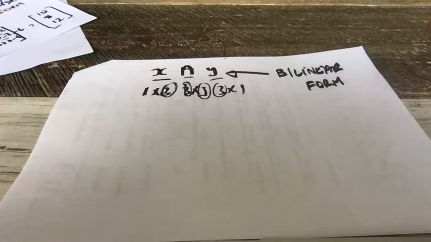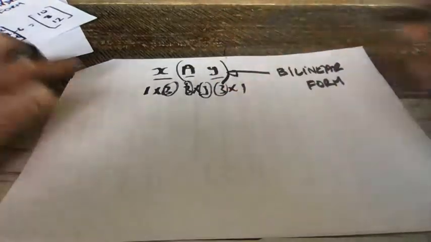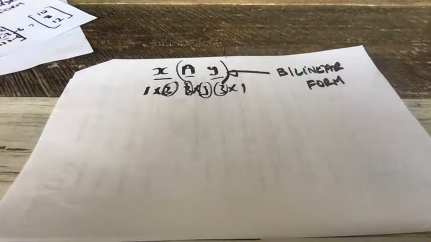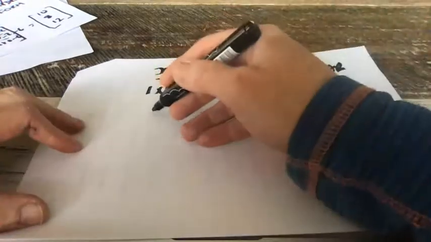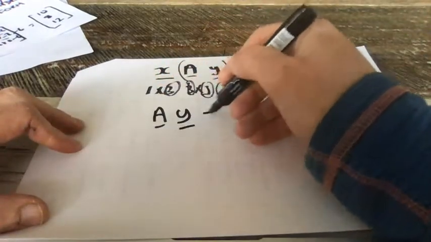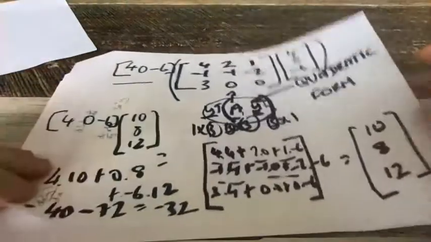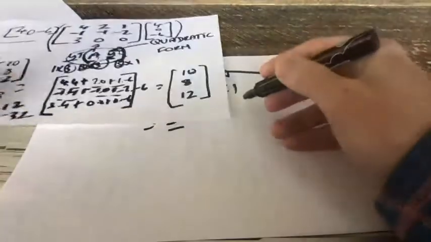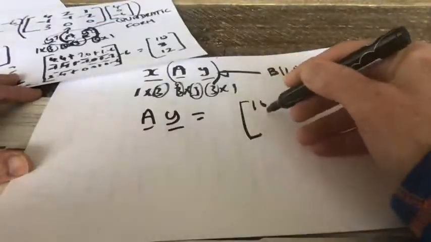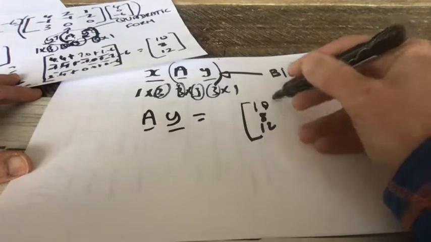But I might ask you, in my instance, I might ask you, calculate the following bilinear form, XAY, and don't be intimidated by the stupid language. All it is is matrix multiplication. That's all it is. And it's two matrix multiplications. You do this one here on the right first, and then you multiply by X. Now, we've already done AY. We found that AY, if you remember back here, was 10, 8, 12.